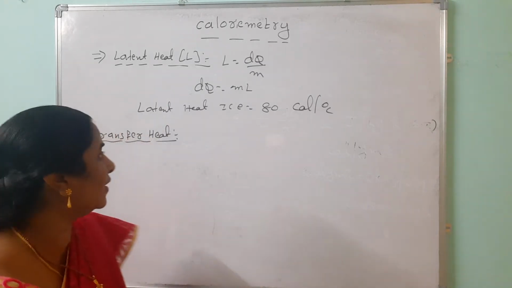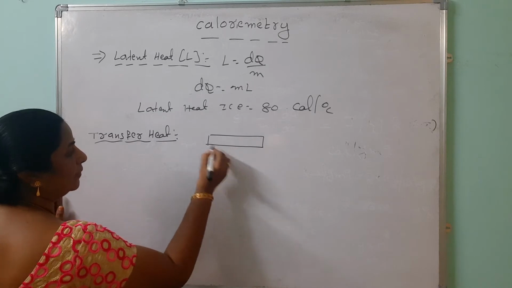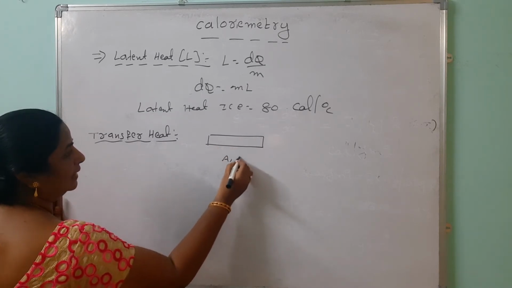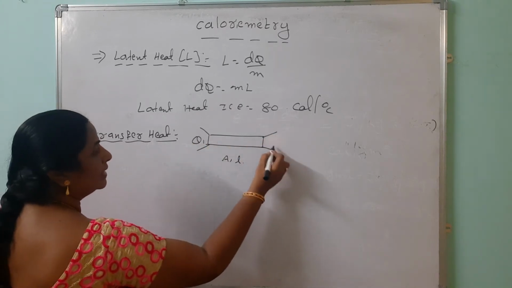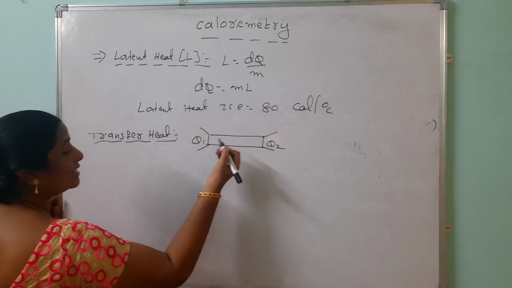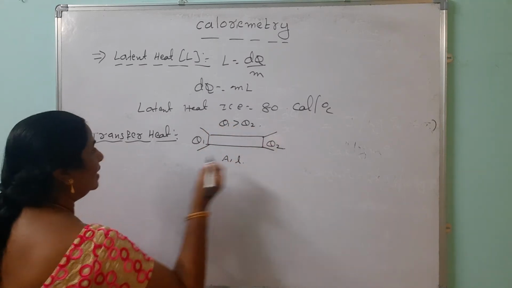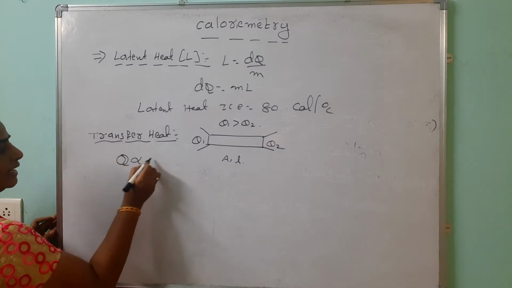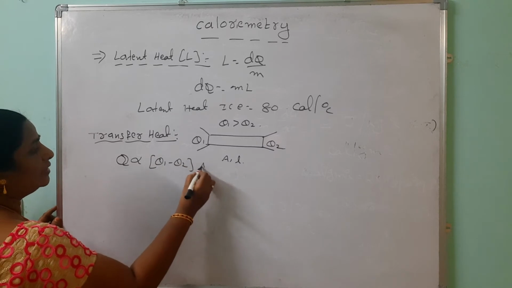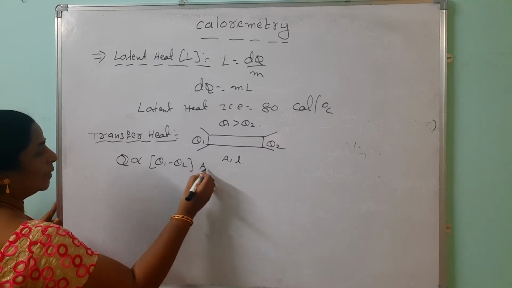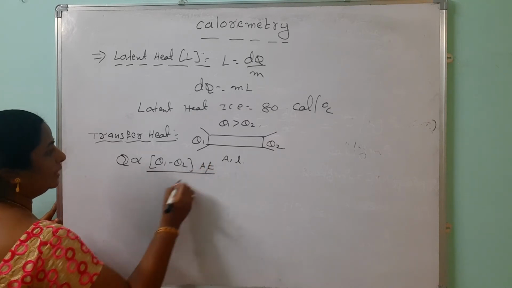But in conduction, how to find out the rate of flow? Look here. We are taking one slab here. Area is A and length is L. Here the temperature is theta1, here the temperature is theta2. When the heat is flowing from one end to the other end, here theta1 is greater than theta2. Here the heat energy is directly proportional to the temperature difference, then the area, and it is directly proportional to the time also, but it is inversely proportional to the length.